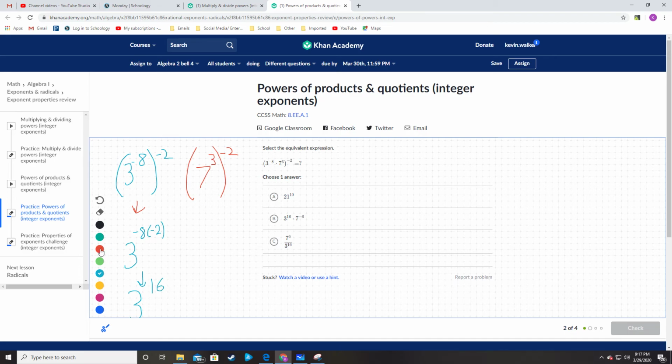Now over here, this is going to be 7 to the 3 times negative 2. We know 3 times 2 is 6, so 3 times negative 2 would end up being negative 6. So we see our answer right here, 3 to the 16th and 7 to the negative 6, right here in B.